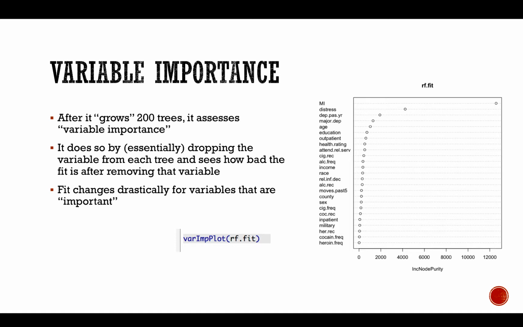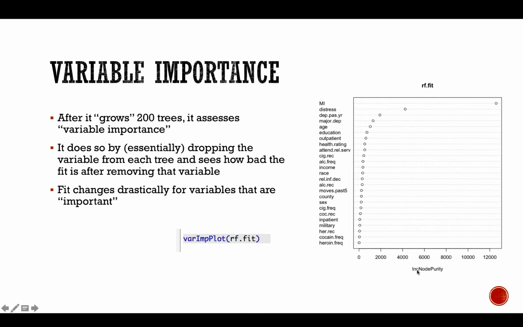And so if the fit drastically changes when you eliminate MI, for example, which I think is the probability of mental illness, then what that tells you is, and don't worry about the increase in node purity, I think what that means is when you put it back in, how much does it increase your ability to predict? And anyway, I'm oversimplifying things, but you get the idea.